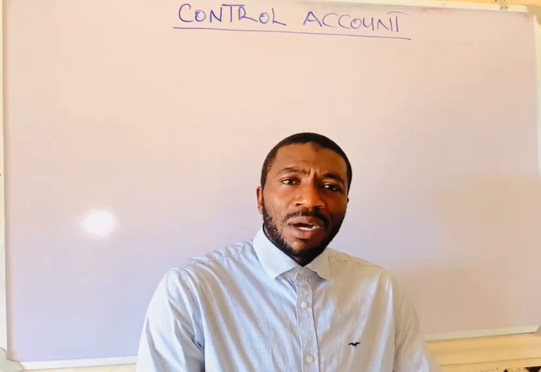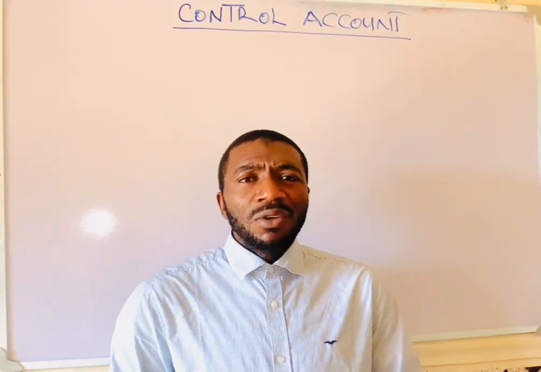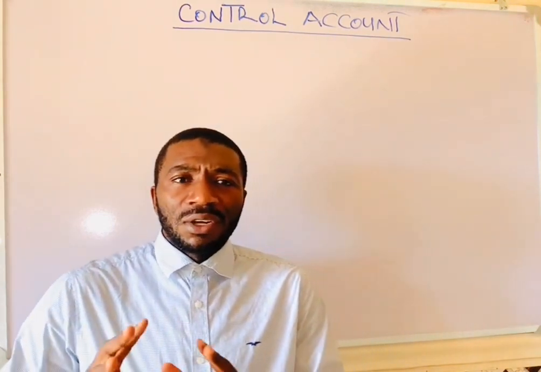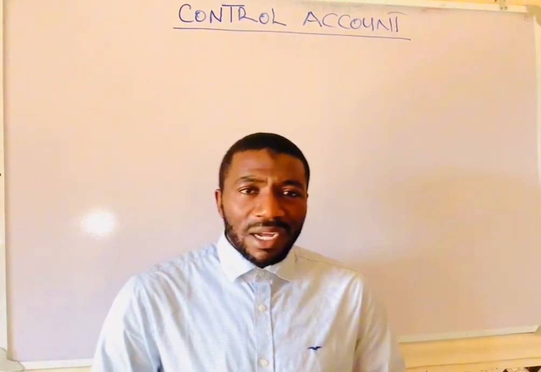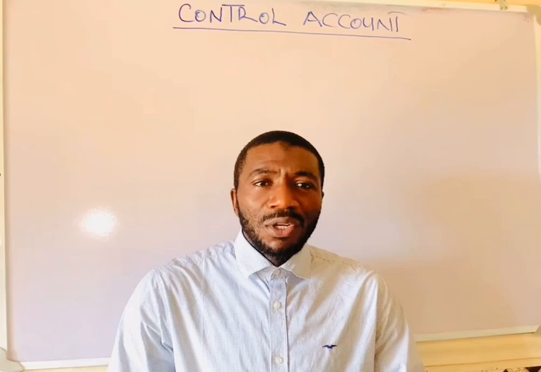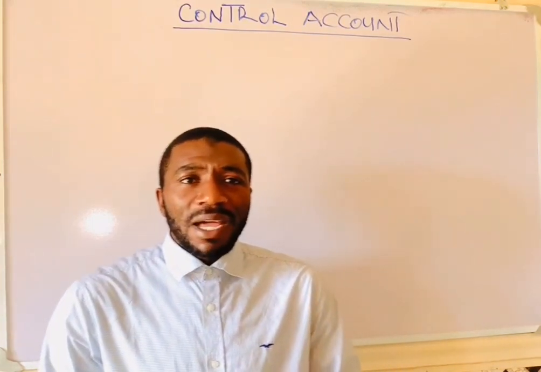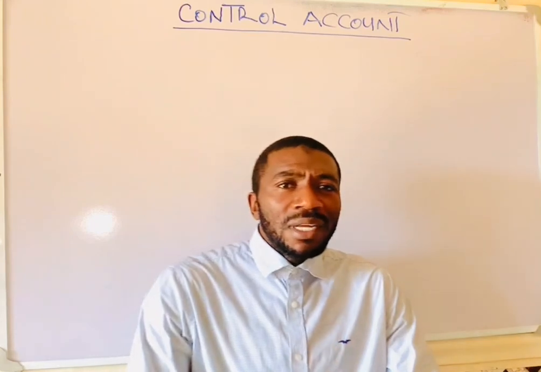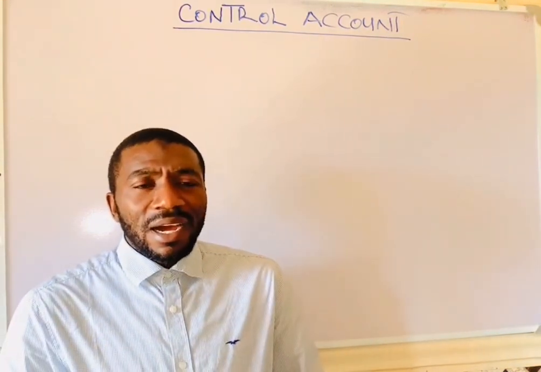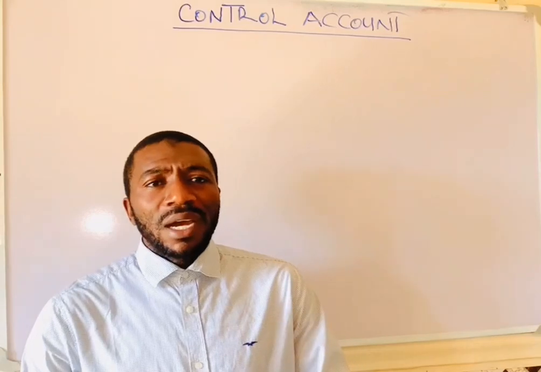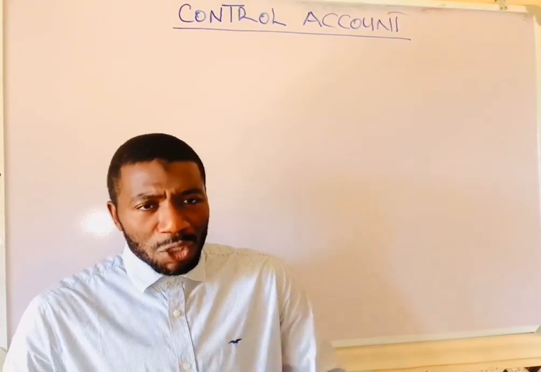But in a control account, there are items not to be recorded in the account. These are items that were already paid, items or transactions that were fully paid, and other items that are in estimation.